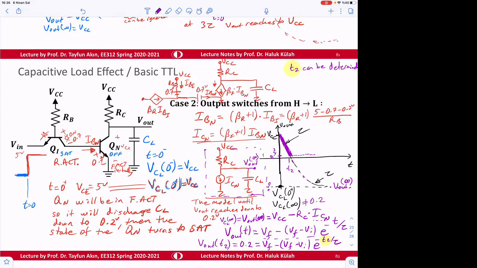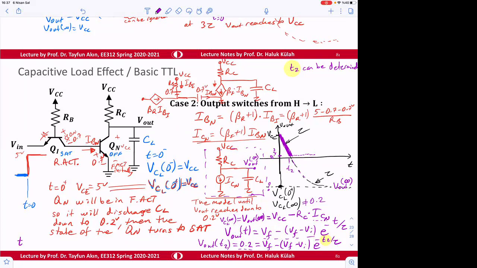So the equation becomes simpler; you can just assume it to be 0. It doesn't matter, but it's maybe a little bit simpler. Is that okay?